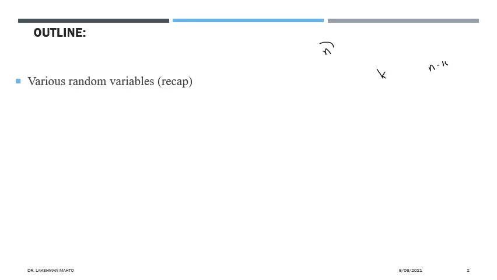We are having n trials. In n trials, suppose there are k successes, so by default n minus k failures would be there. If you try to model this problem, you can model it with the help of a binomial random variable. The corresponding PMF would be a binomial probability.